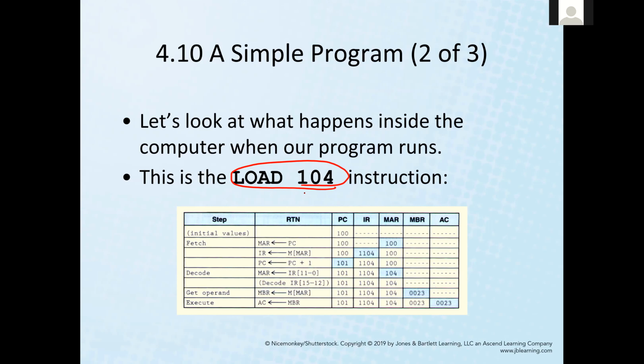For the load, what's going on? Each row is a time, so let's say time 0, time 1, time 2, time 3, time 4. It's a clock cycle. In this clock cycle, what's going on?